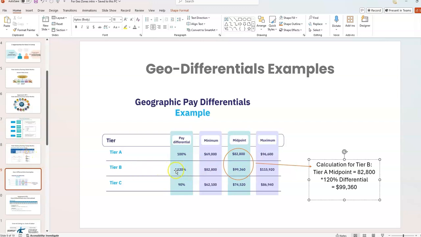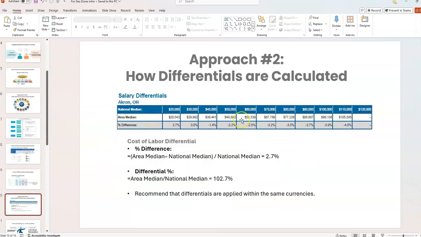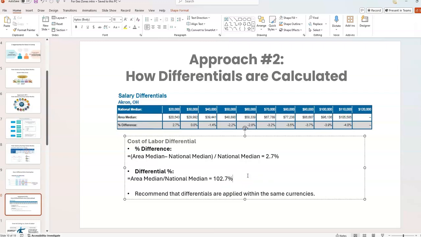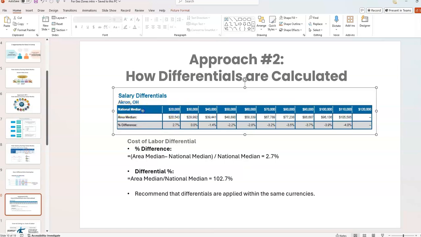But to determine that tier B should be 120%, we look at the survey data. Some companies will give you a report that says the percentage difference between national and this specific location is 120%, and then you don't have to do any calculation. But the way they get this is by looking at the median for different jobs. For this first example, they're comparing the national median to the area median.